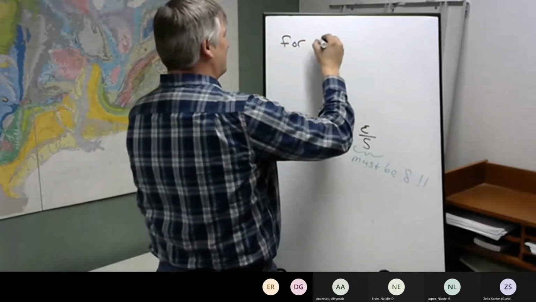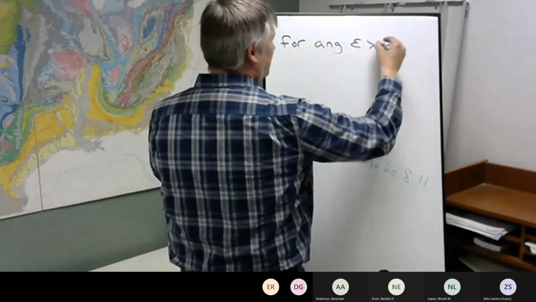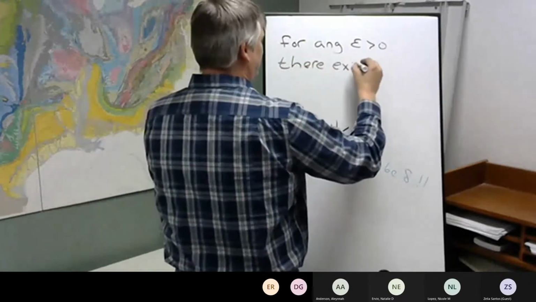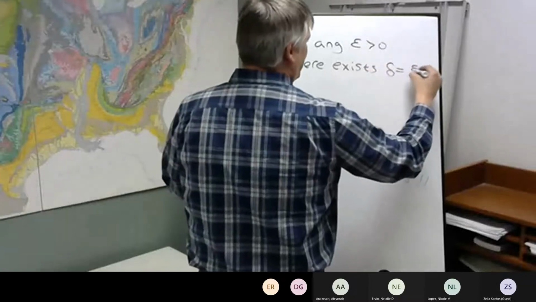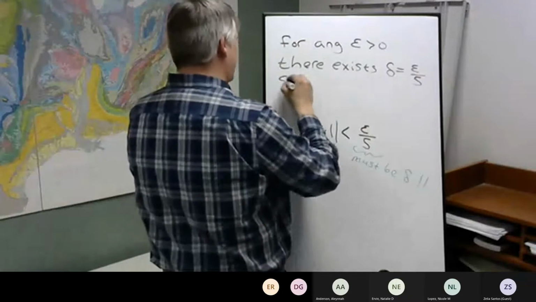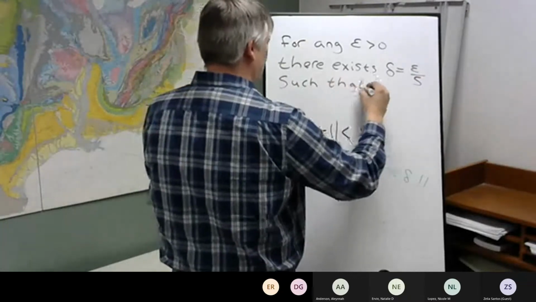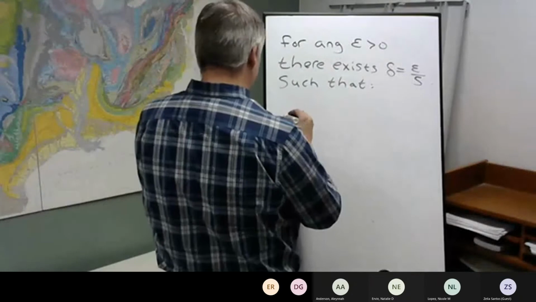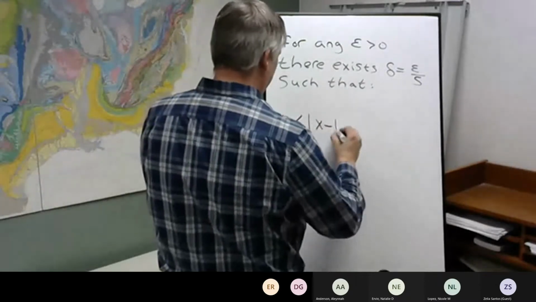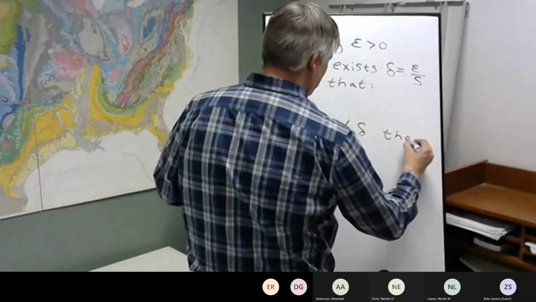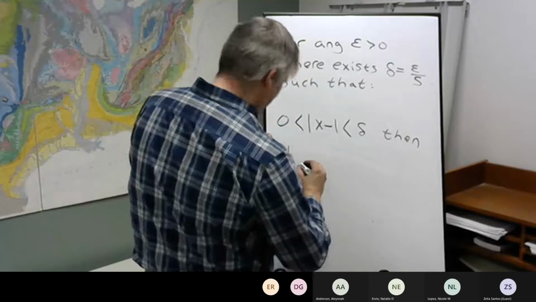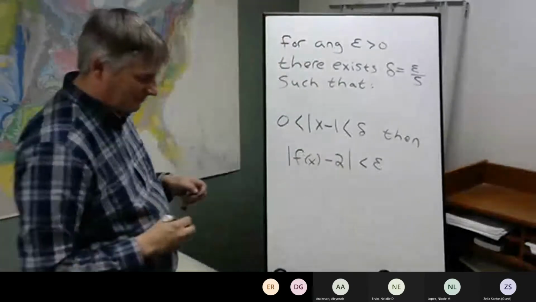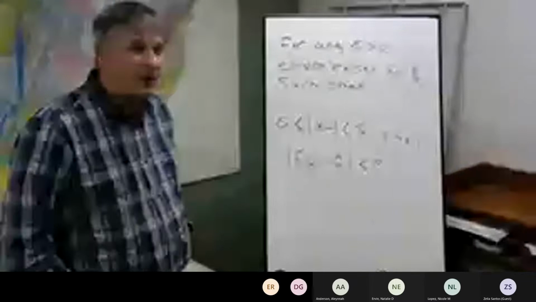So for any epsilon greater than 0, there exists delta equal to epsilon over 5 such that, and that's how we write our answer.